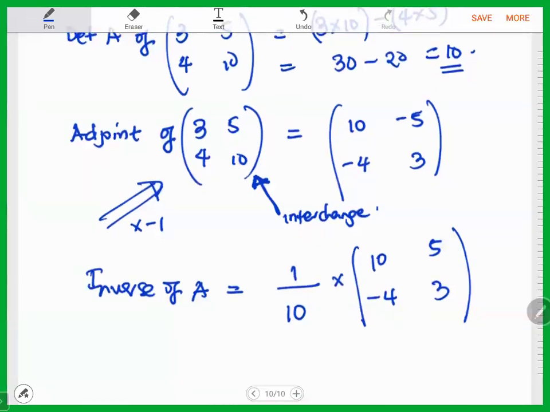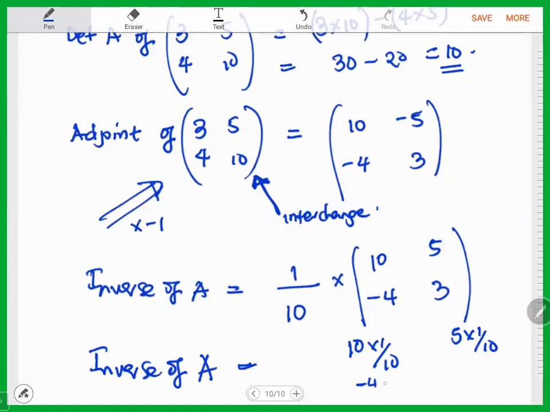So we shall have our inverse of A being equal to 10 times 1 out of 10, -5 times 1 out of 10, -4 times 1 out of 10, 3 times 1 out of 10. I'm taking it inside.